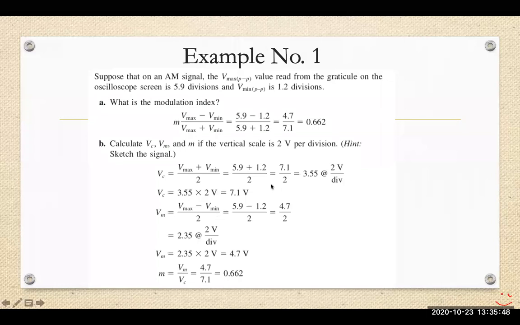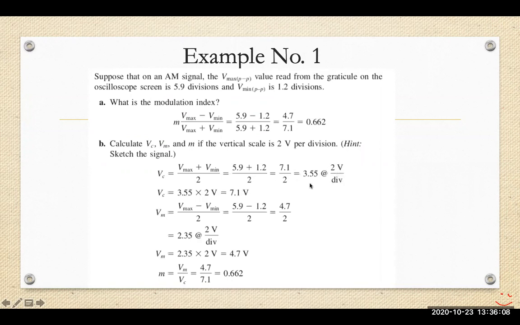Ano pa? Calculate the peak value of the carrier, the peak value of the modulating signal, and the modulating index if the vertical scale is 2 volts per division. Okay, so meron tayong naka-indicate na 2 volts per division. So multiply lang natin dito mamaya sa 2 volts per division.